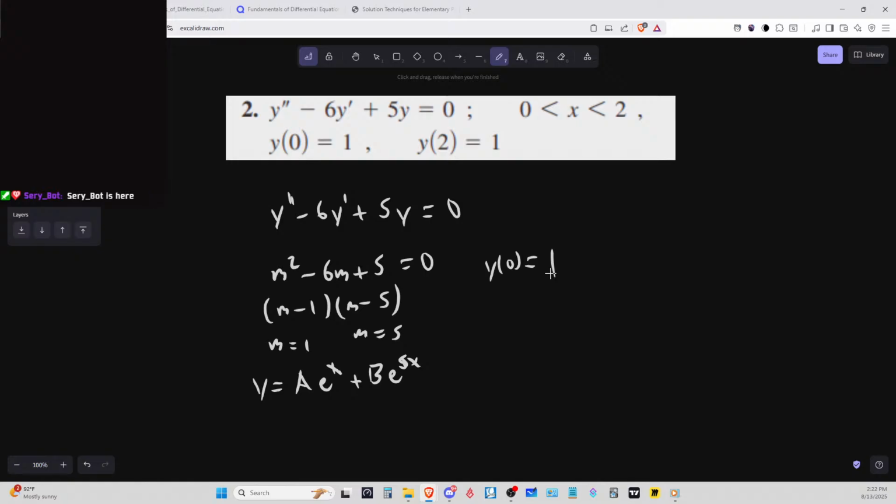So 1 is equal to 1a plus b, and when y is equal to 2 equals, it also equals 1. So we have a, and then that would be e to the 10th.